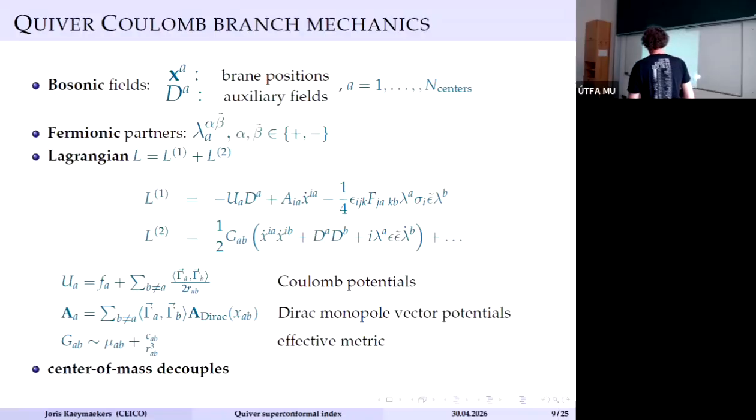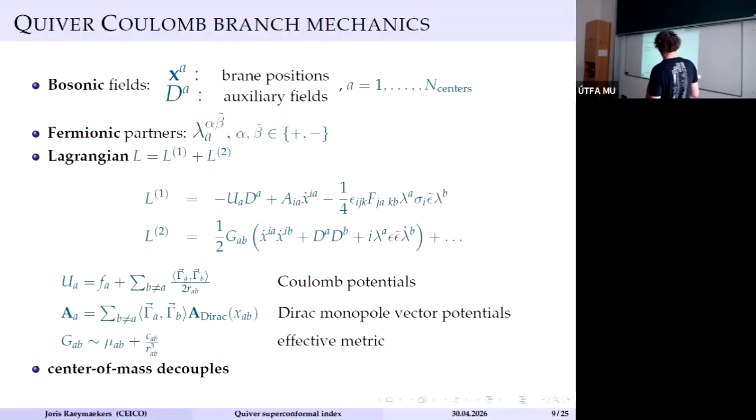So to give you an idea of the Lagrangian, it consists of two terms. One is a supersymmetric completion of a term with only one time derivative, and the other one is a completion of a term with two time derivatives. For us, pretty much only the first term will be important, and that term encodes basically the electromagnetic interactions between the branes.